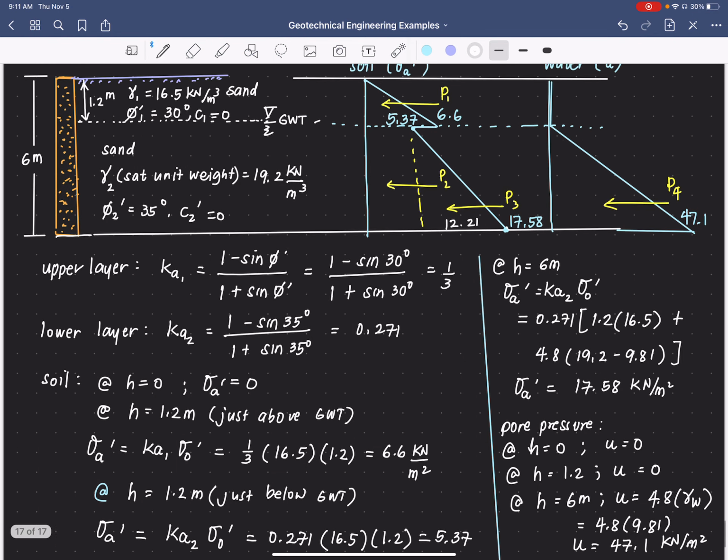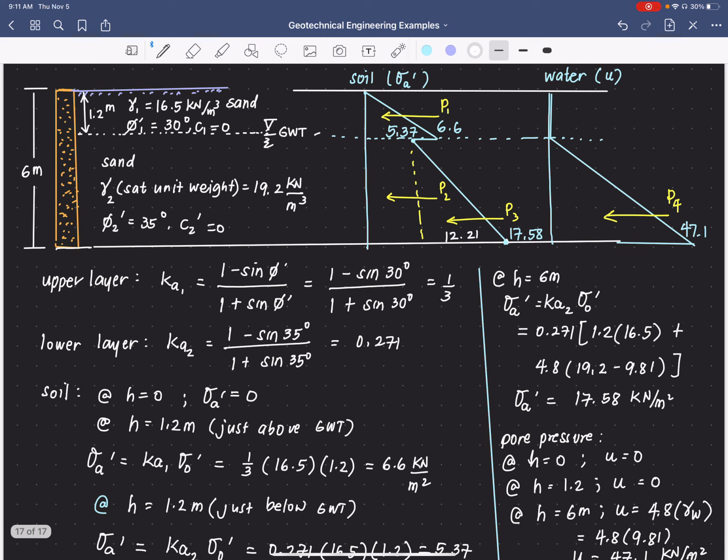So we have, let's say this is y1, and this is y2, and this is y3, and which is equal to our y4.